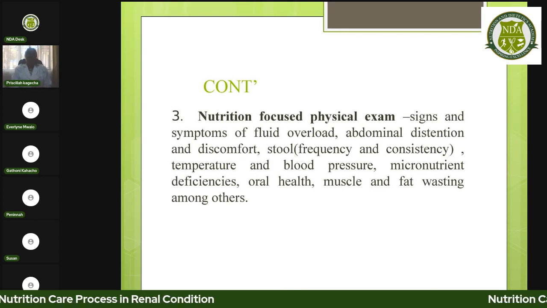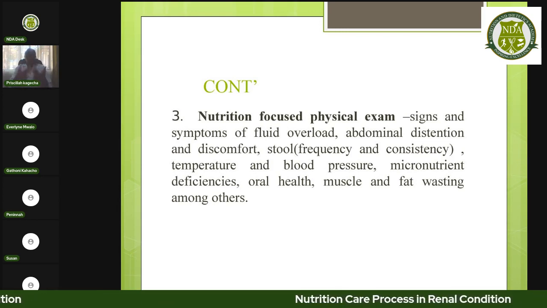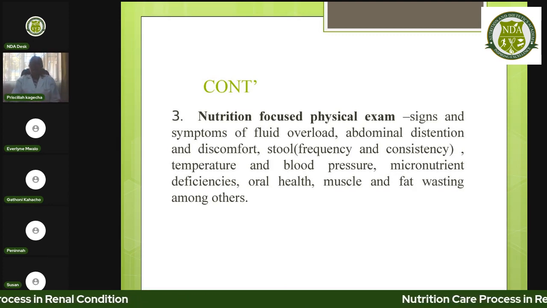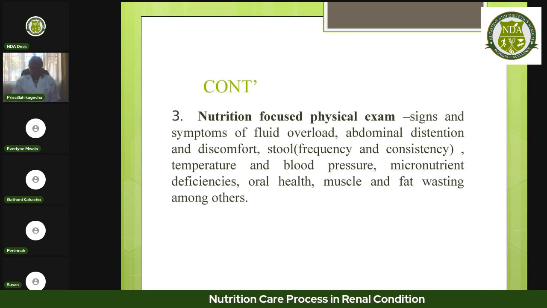This component of diet history will also help you know how the patient is preparing their food. Say, for example, you taught the patient how to leach. Are they adhering? Are they following the process? So it is very important.